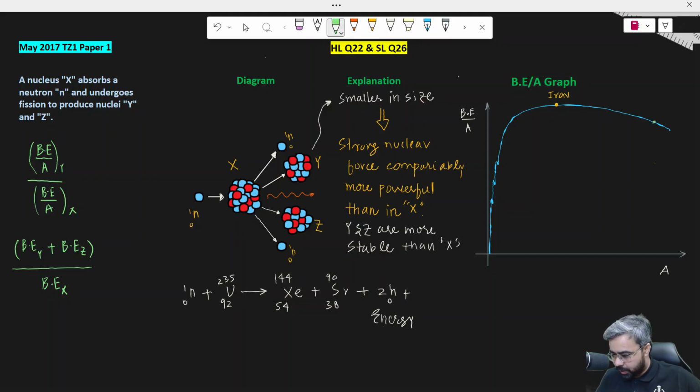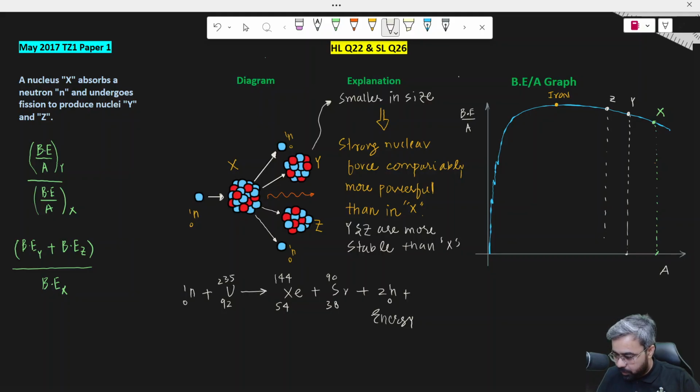So let's say this is X, because it has the largest nucleon number, as it is converting into Y and Z. If this is X, then Y and Z must have a smaller nucleon number. You can assume, for example, this is Y and this is Z, close to each other, so obviously they will have a smaller nucleon number.